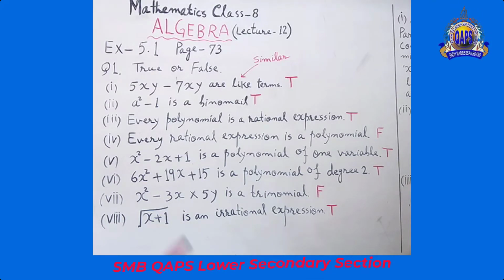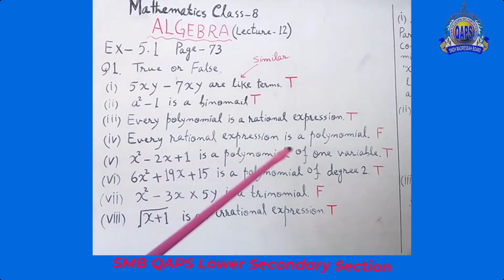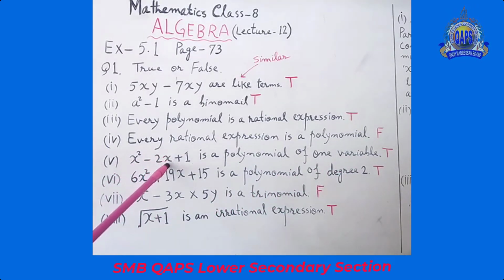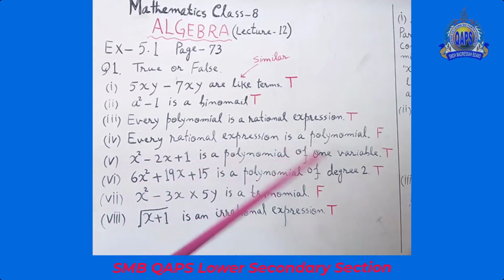You see, X is a polynomial of one variable. See, one variable only. X over here, X over here. That's why it's a polynomial of one variable. That's true.